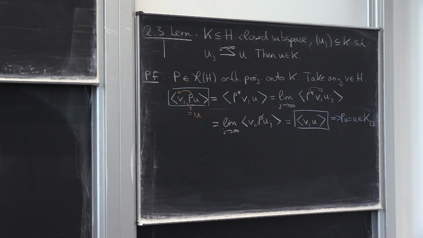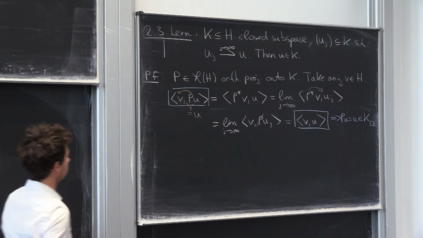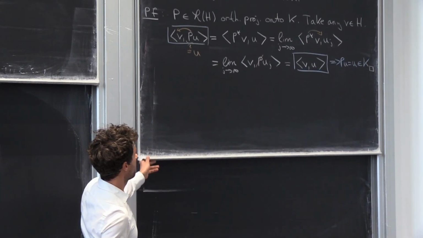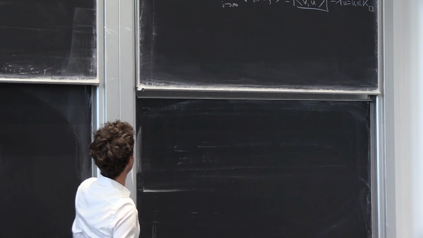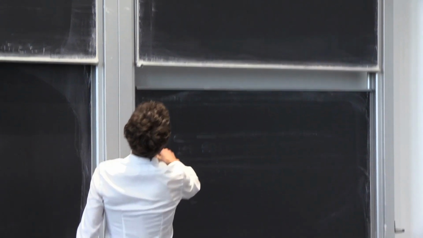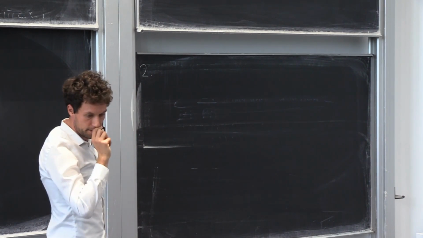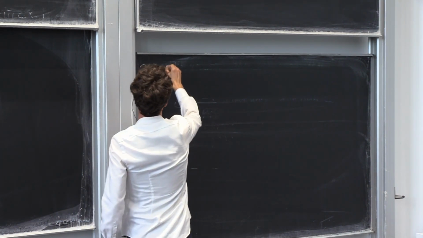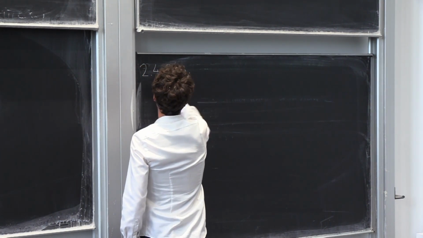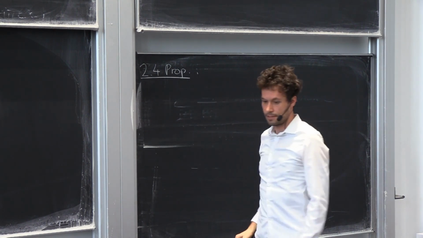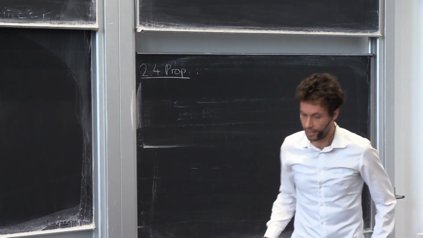All right. So now let's see how we can use this lemma to prove serious stuff. So this is 2.4 proposition. It's going to be our main entertainment for today.